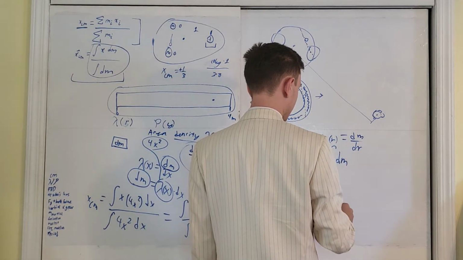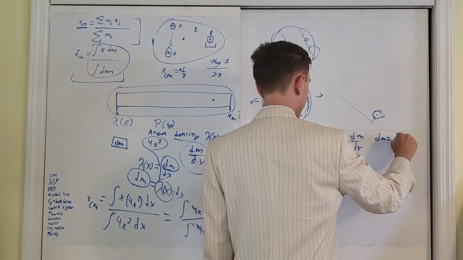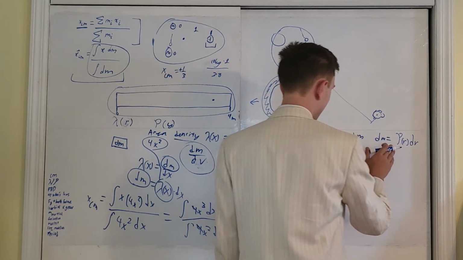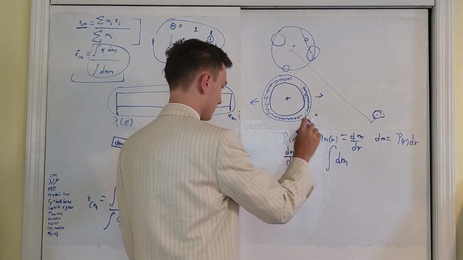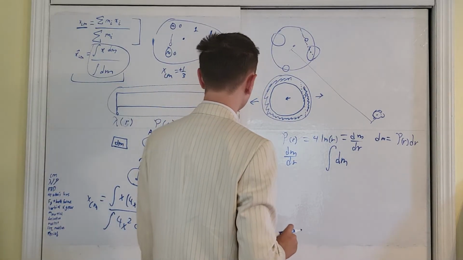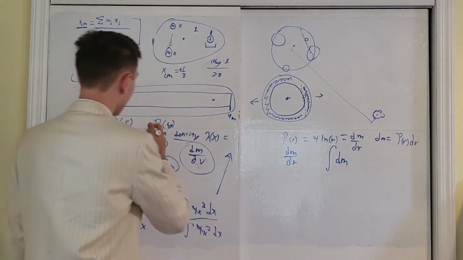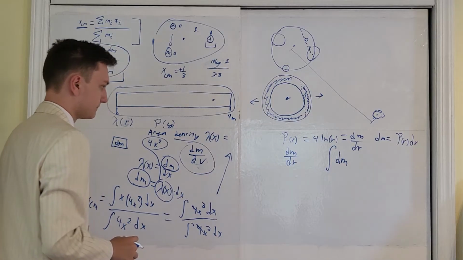So I need to isolate dm. So dm equals my density function times dr. This was for a mass differential at a certain point, okay? This equation gives us a differential mass for a certain point along a rod, okay?